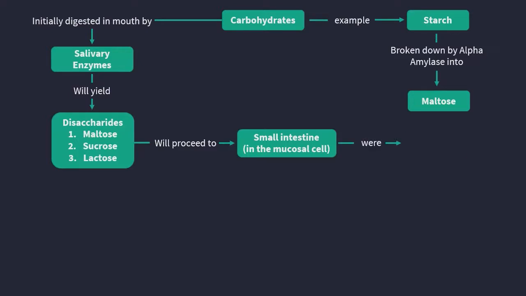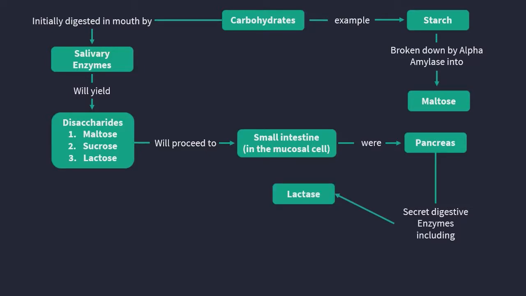In the small intestine, the pancreas will secrete the digestive enzymes, and these enzymes are the following: lactase, maltase, and sucrase. All these three enzymes are secreted by the pancreas.